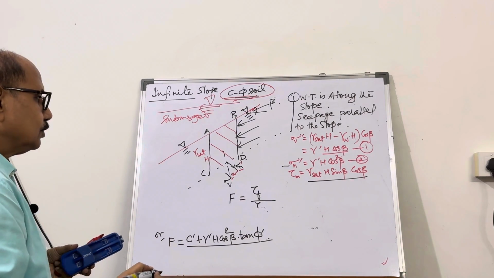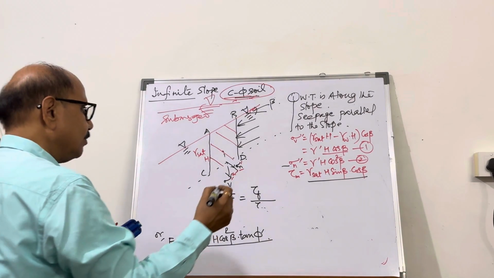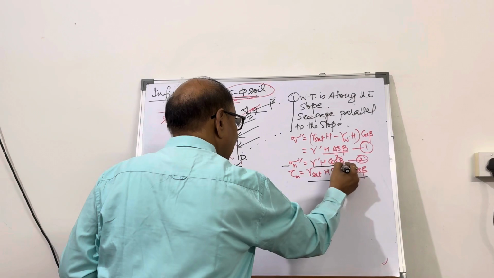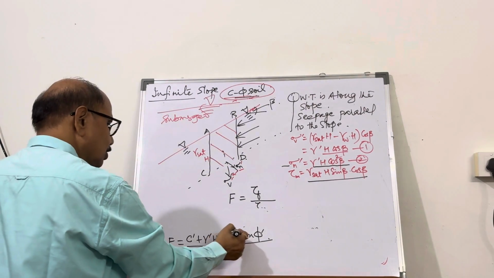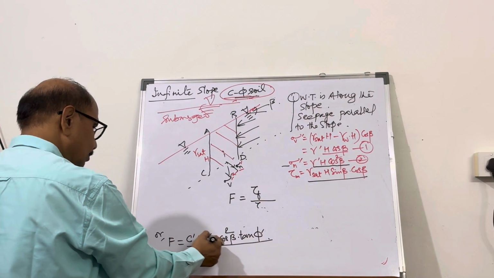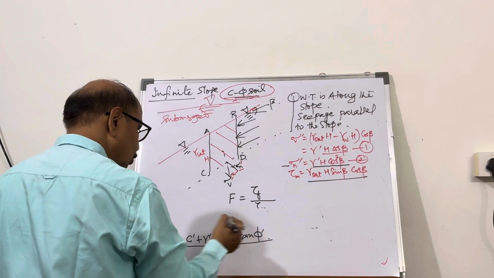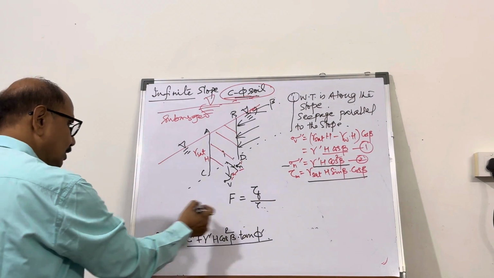So, this sigma n prime equal to gamma prime h cos square beta, c prime plus sigma n prime into tan phi prime. So, that is tau f.